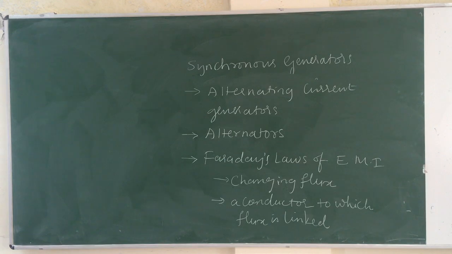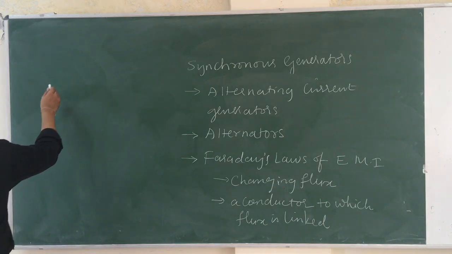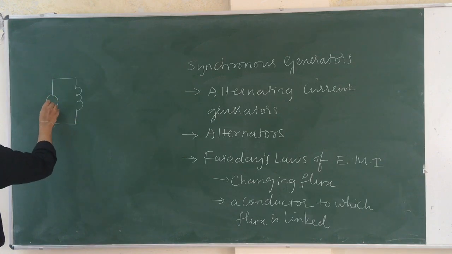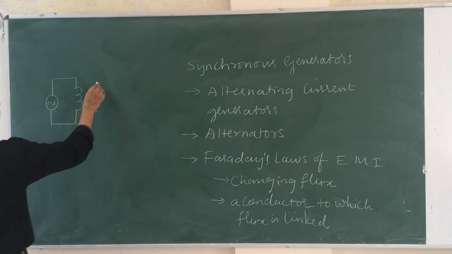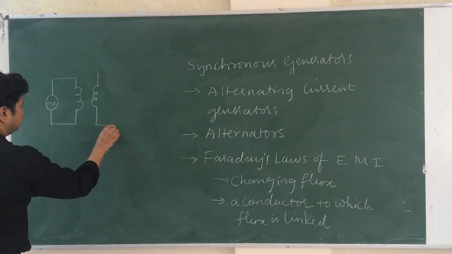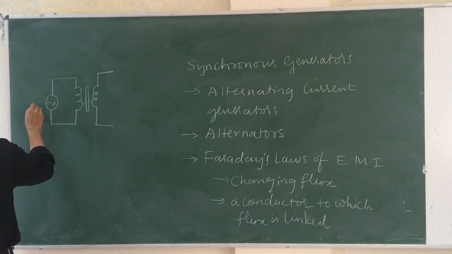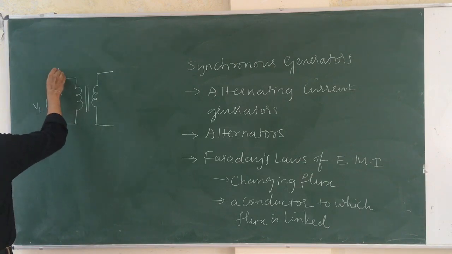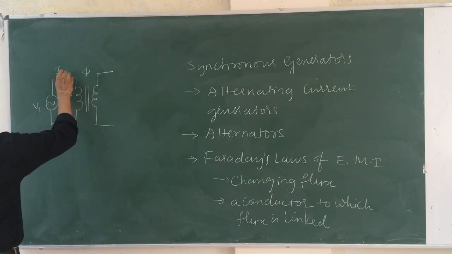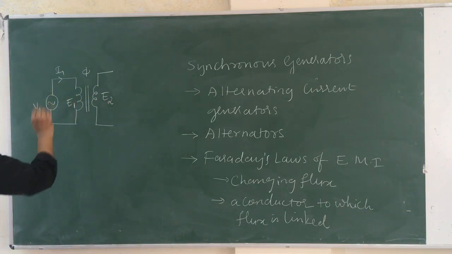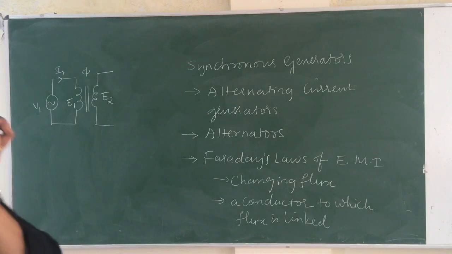In the case of the transformer, we have seen that I apply an alternating source to the primary, and I keep another coil near this coil through the core. This V1 produces some current I1 which creates the flux, and it creates an induced EMF E2 in the secondary and an induced EMF E1 in the primary.